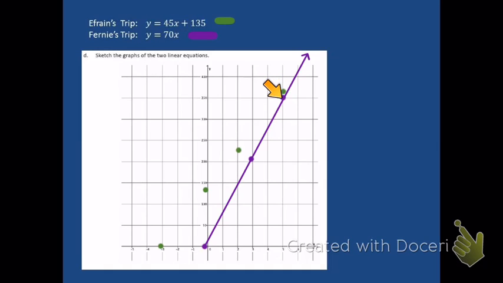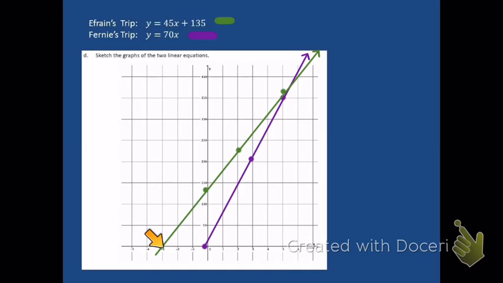So at 5 hours, notice they're really close together, but Fernie's still ahead. We'll connect those dots with a line. This shows Efren's constant speed, and you can see his speed is less by the slope. His slope is not quite as steep as the other line. I want to point out another point that ends up on this graph, and that's this one down here. This is where x is -3 and y is 0.